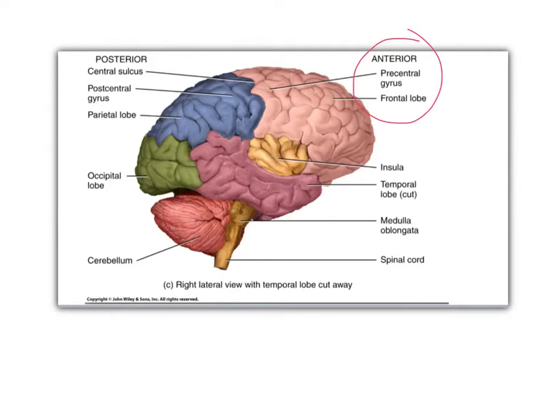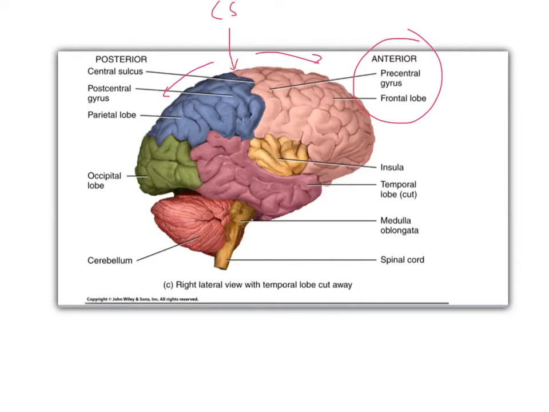Okay, so I told you that there are going to be a couple of sulci that you need to remember. The main one, the central sulcus, is right there. It's basically the center of your brain. There is a ridge, and so we orient all brains with the central sulcus right there. And this part of the brain is going to be called the frontal lobe, and the precentral gyrus is basically just in front of the central sulcus.